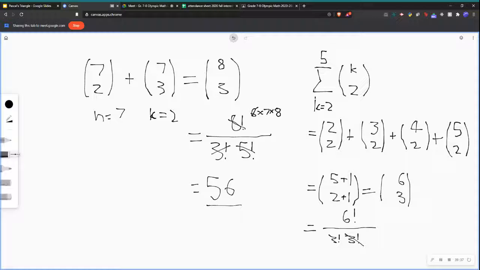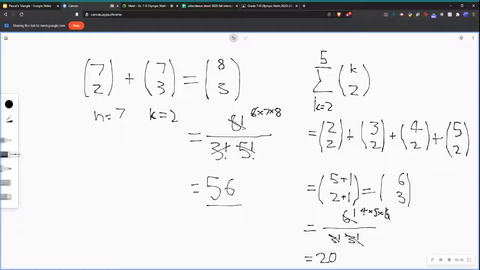So one 3 factorial would cancel out with the 3 times 2 times 1 in the 6 factorial, and we're left with 4 times 5 times 6. Realize that 3 factorial is equal to 6, so we cancel out this 3 factorial with the 6 right here. We're left with 4 times 5, which would give you 20. And that's your final answer.